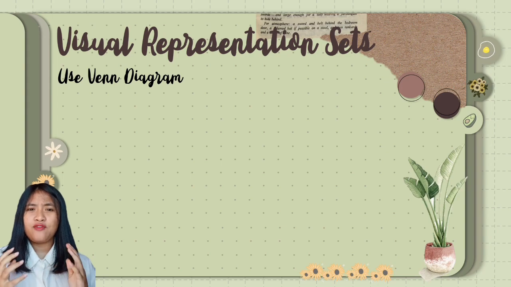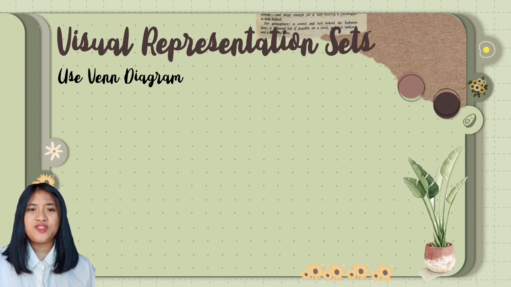The elements of a set are present inside the circles. Sometimes a rectangle encloses the circles, which means the universal set. The Venn diagram represents how the given sets are related to each other.